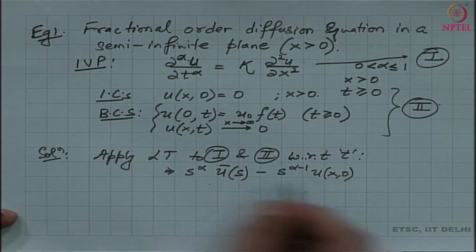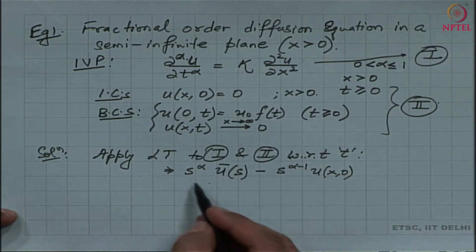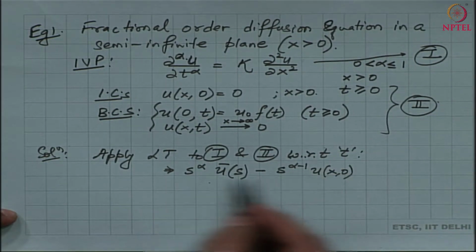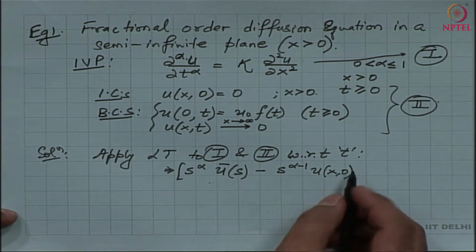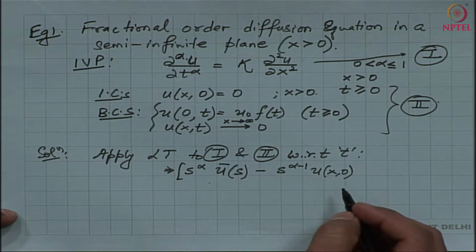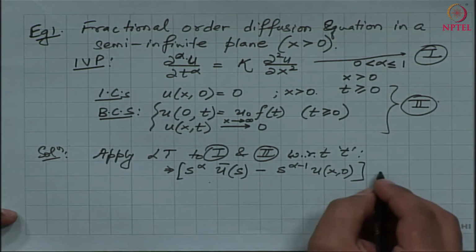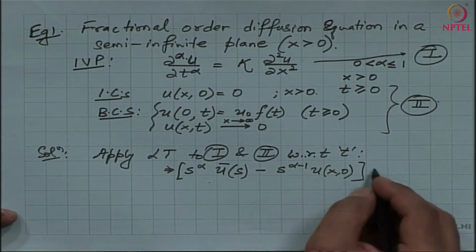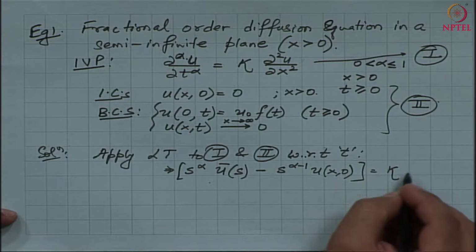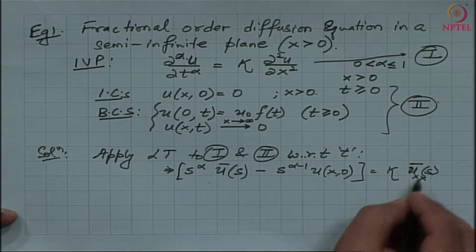That is the solution at t equal to 0, and since alpha is from 0 to 1, we stop the Laplace transform up to 2 terms. This is also equal to kappa times the second derivative of u bar of s with respect to x.